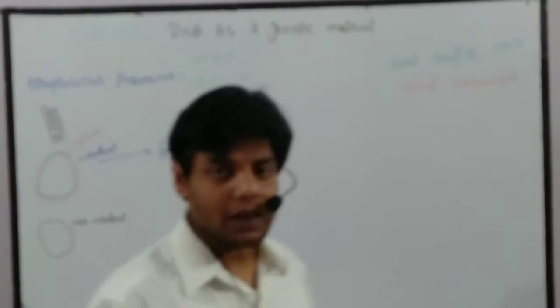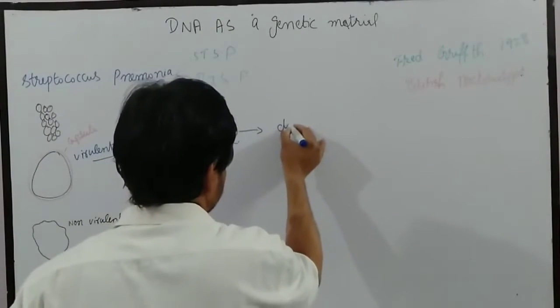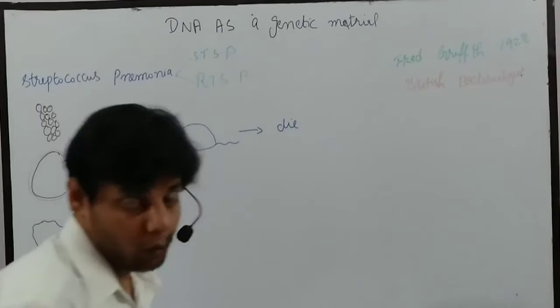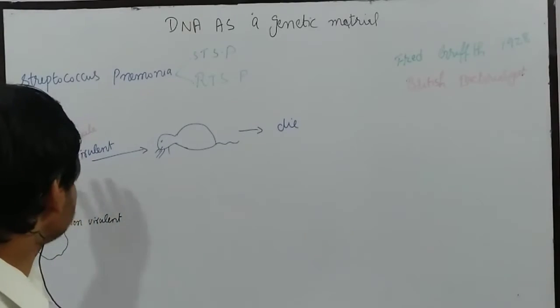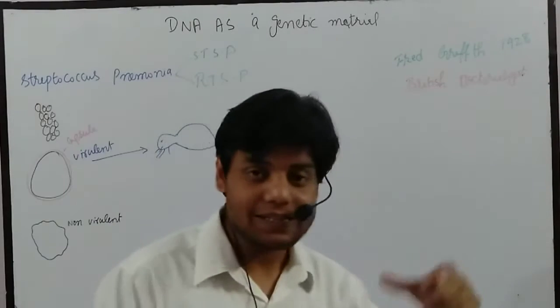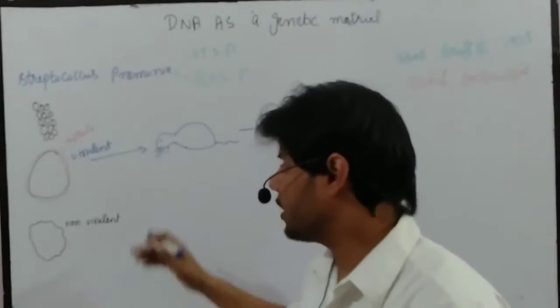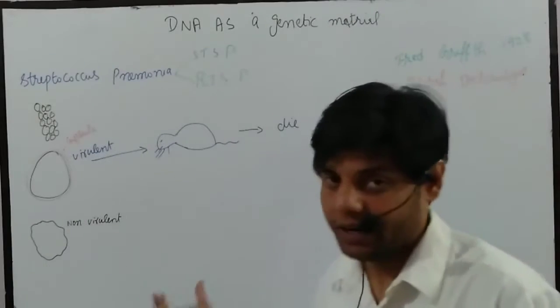Then what was the result? The result was that the mouse died. Why? As I told you, this type of cell can cause disease like pneumonia. The mouse got pneumonia and finally died.